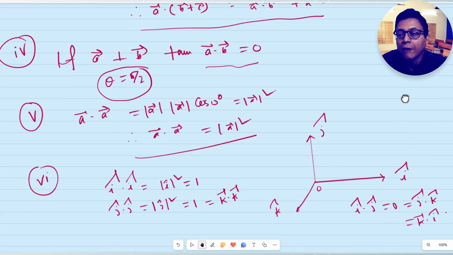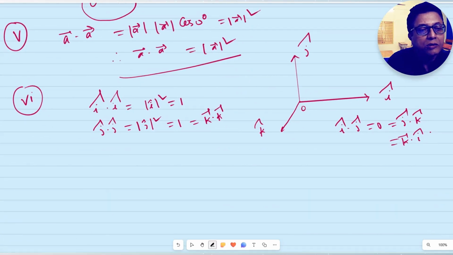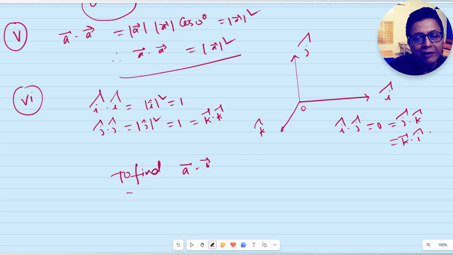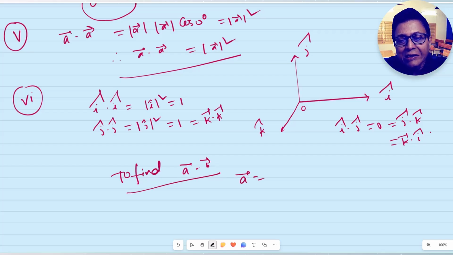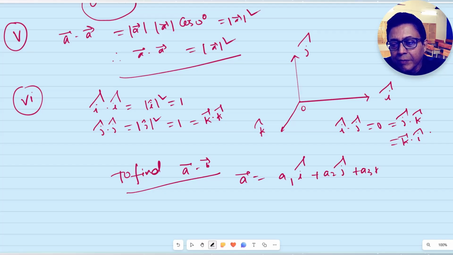Okay. Now, suppose we have to find A dot B when A is given to be A1 i plus A2 j plus A3 k, B is given to be B1 i plus B2 j plus B3 k.